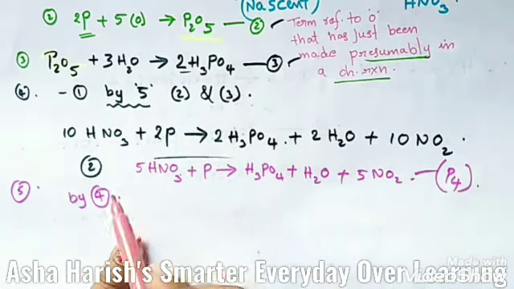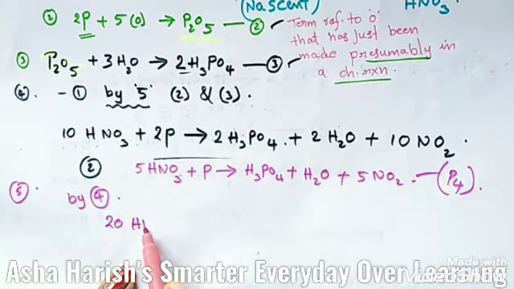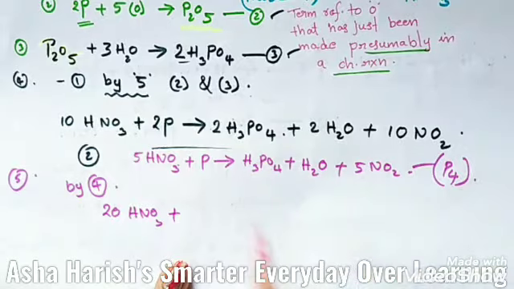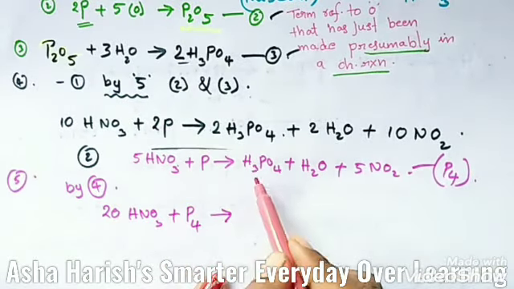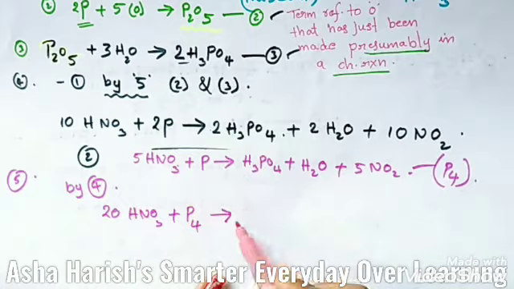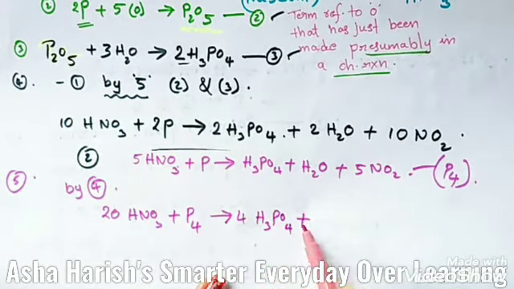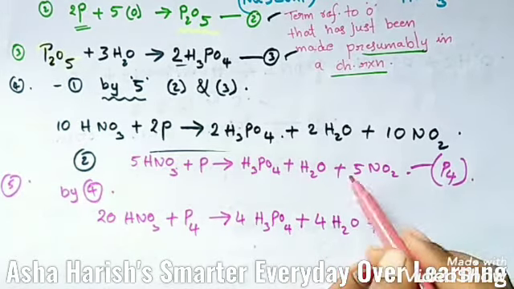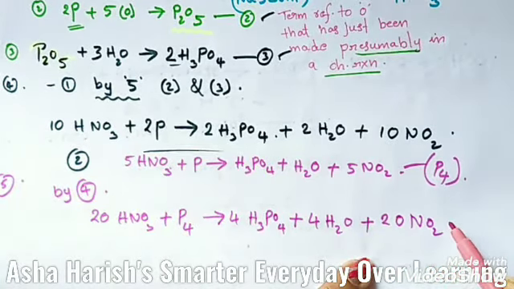Now let's see. 5 into 4, 20 HNO3 plus P4 gives rise to 4H3PO4 plus 4H2O plus again 5 4s, 20 NO2.